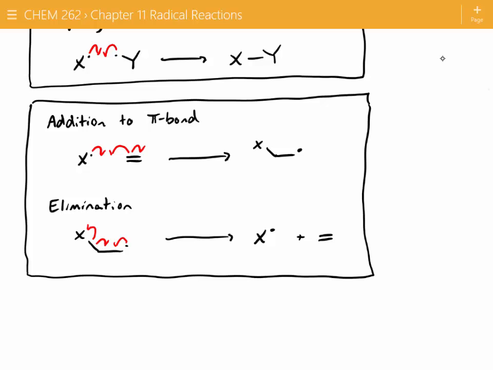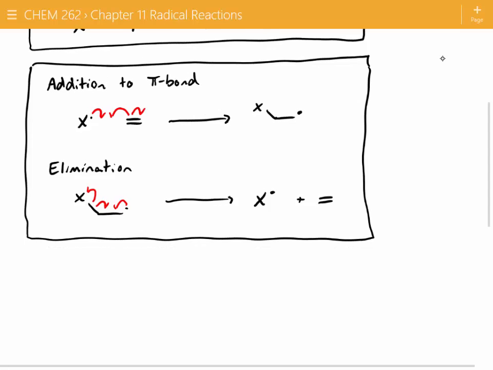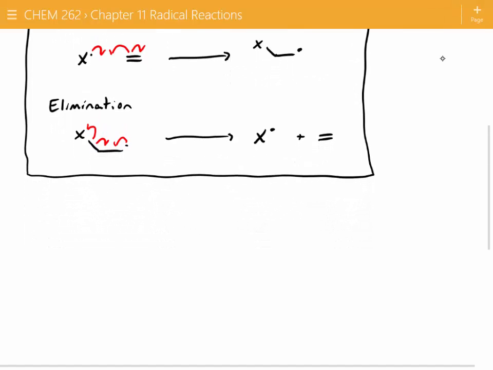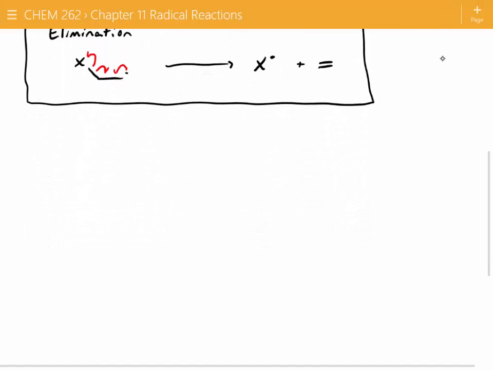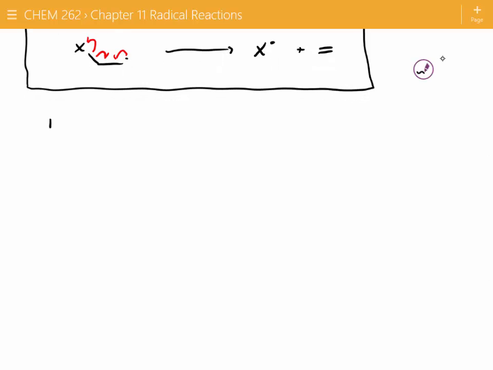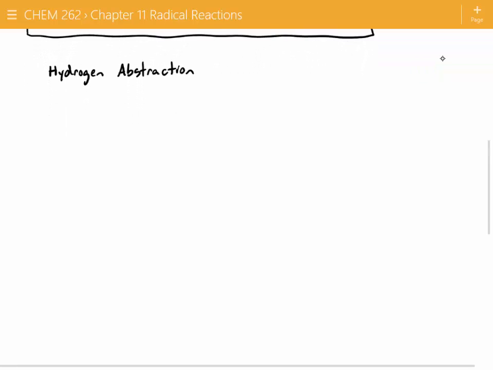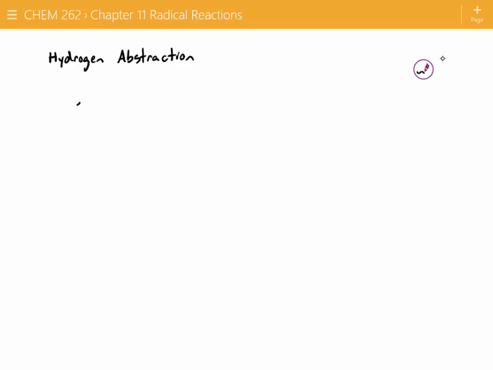The last class is the most unique class that we haven't seen before, and this has to do with abstractions. So the first one is called hydrogen abstraction. With hydrogen abstraction, you have some sort of radical, I'm just going to call it X, and then you've got a hydrogen attached usually to some sort of alkane.